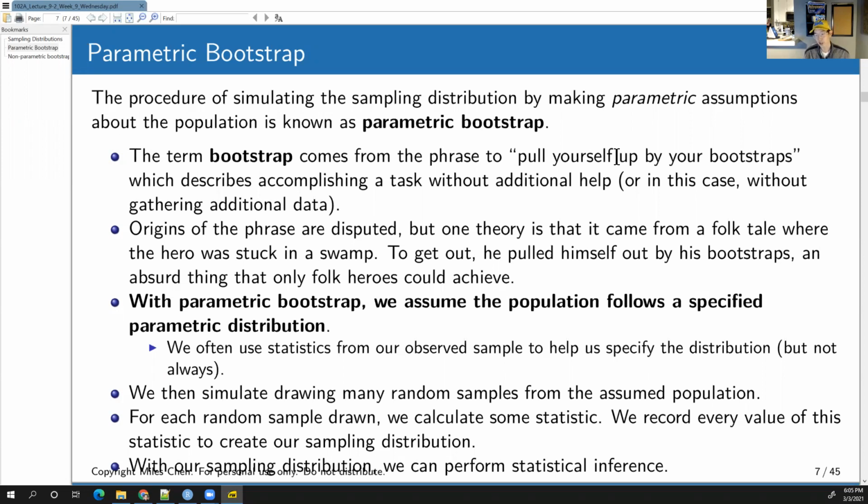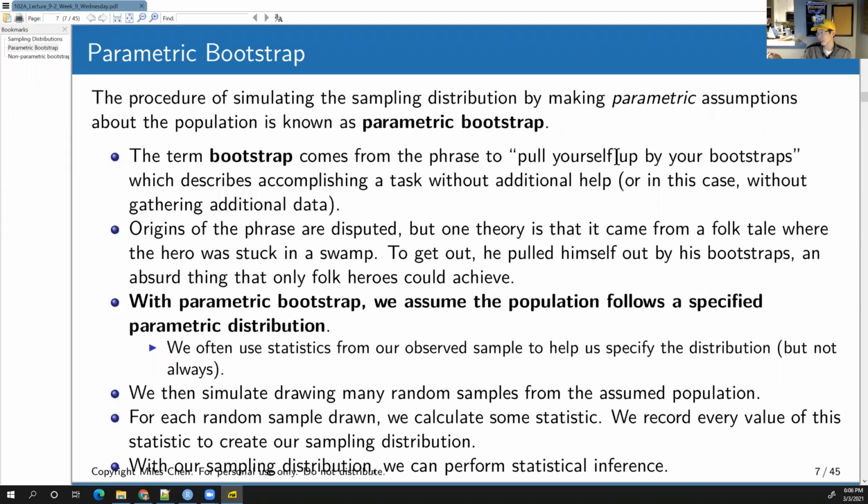Parametric assumptions are things where you are assuming the population follows some exact distributional form, and that the parameters of the population have certain properties. So you're going to assume that the mean, which is a parameter, has this value, or the standard deviation, which is another parameter, has this value.